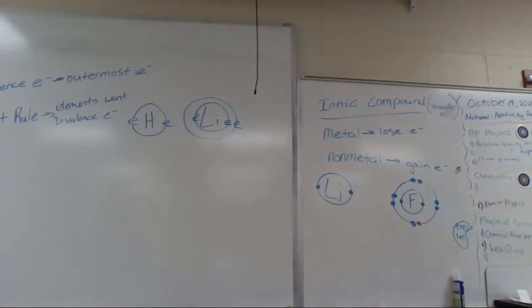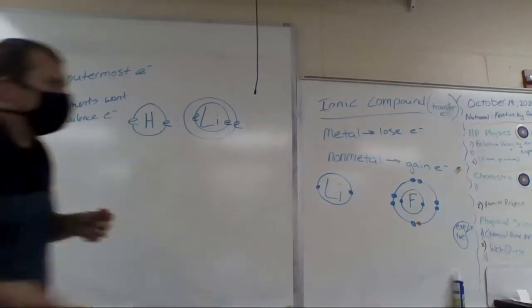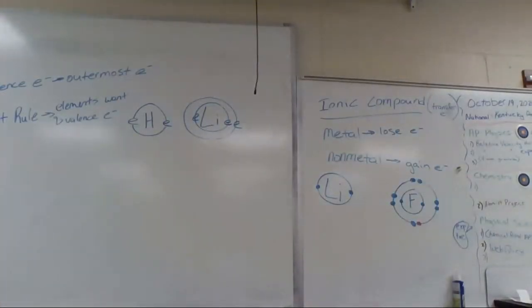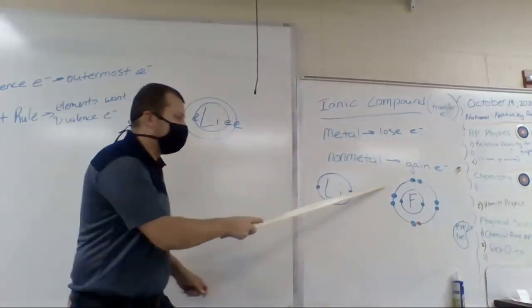Everything in the first circle wants 2. Outside of that, we have to follow the octet rule. So if I look at fluorine, it's the second period. How many does it want? We have to follow the octet rule. 8, right? How many does it have in its outer shell?